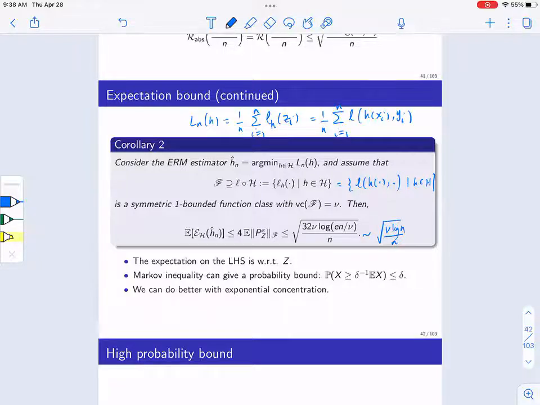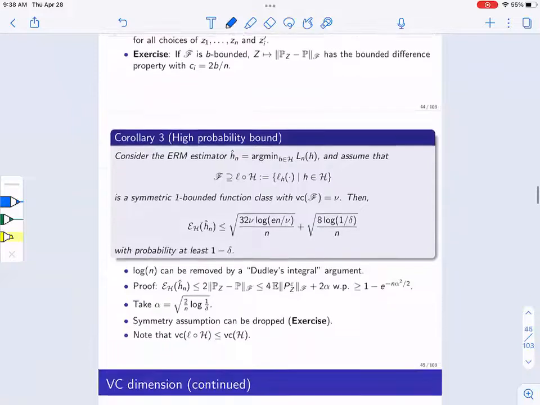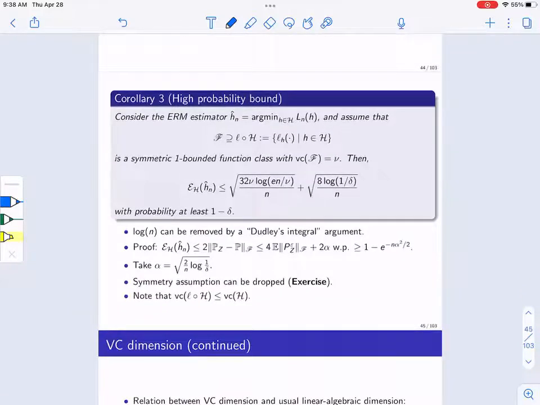There is another version which is a high probability bound, and this allows you to state that this quantity, which is random, is bounded by this with probability which you can control. Okay, so there's this extra factor that we pay, and this comes from the bounded difference inequality.